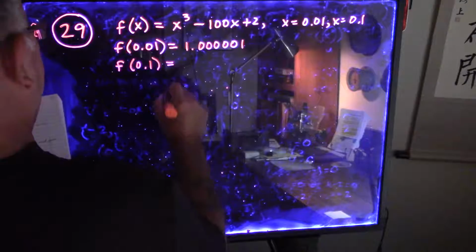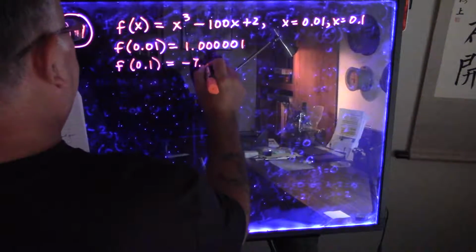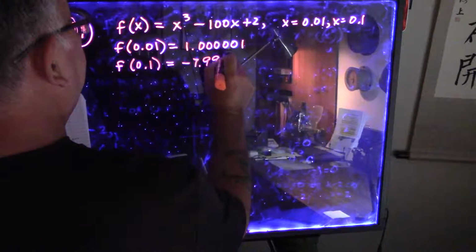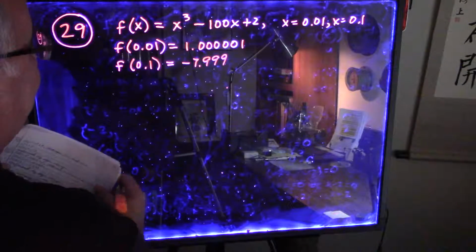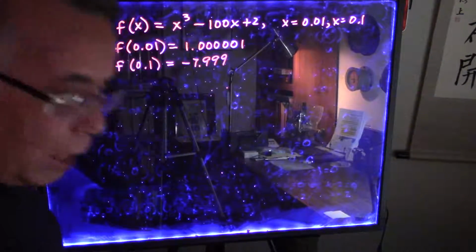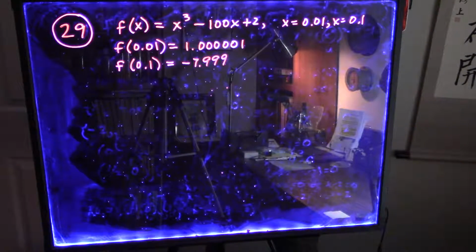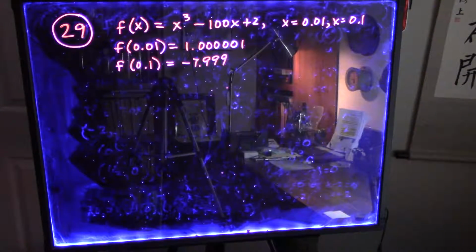We're looking for a negative result and we get it, negative 7.999. Alright. So because we have a sign change between f of a and f of b, the IVT guarantees that there is a value between these two for which f of that value is equal to 0.